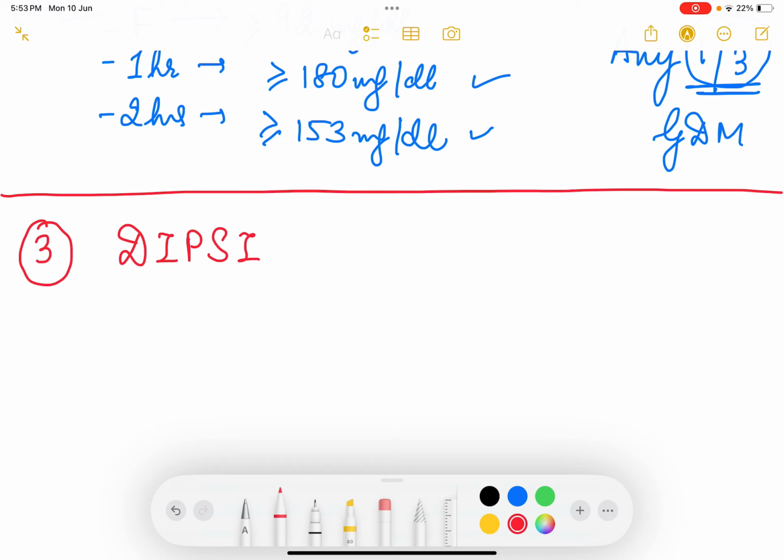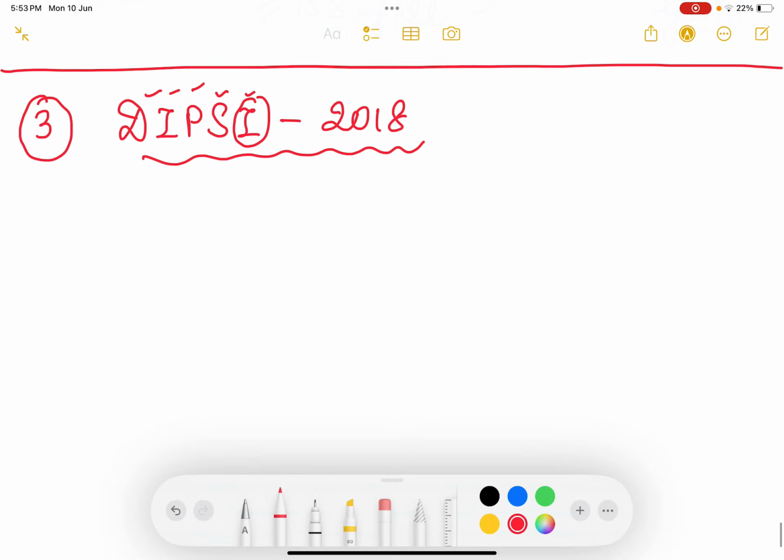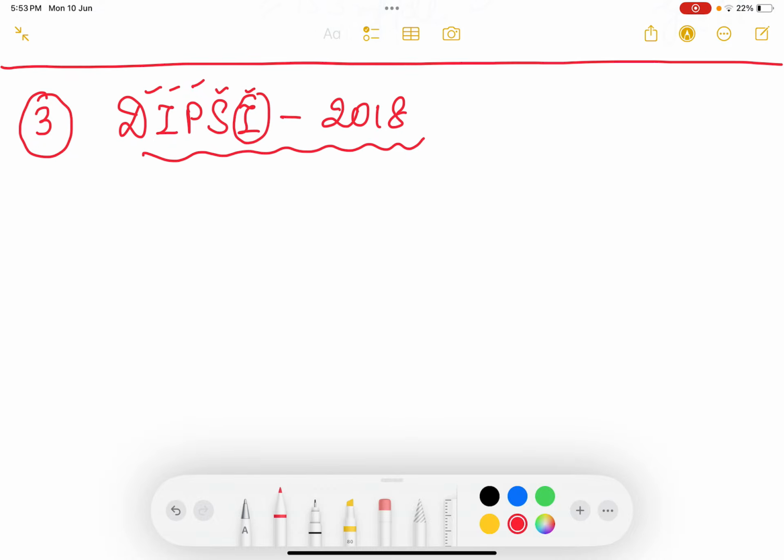The DIPSI guideline first came in 2018 and since then it has been followed. DIPSI is Diabetes in Pregnancy Study Group of India. So the DIPSI guideline is specific for the Indian population only.